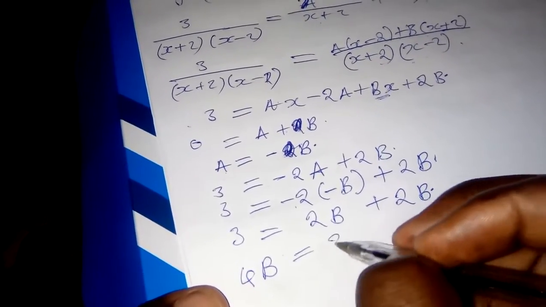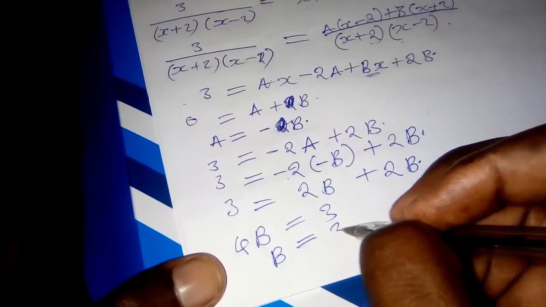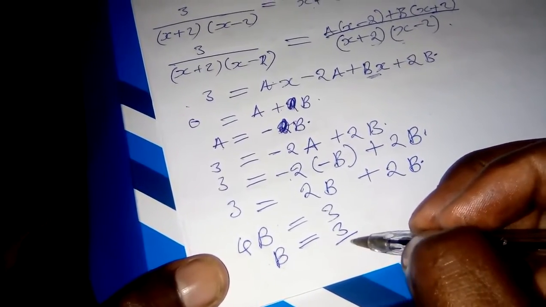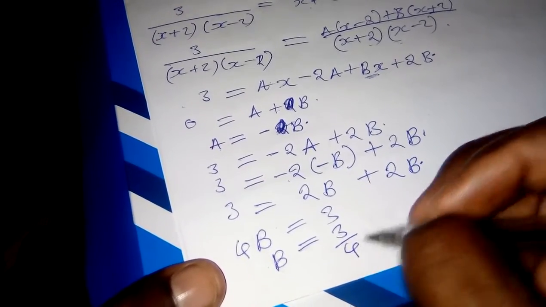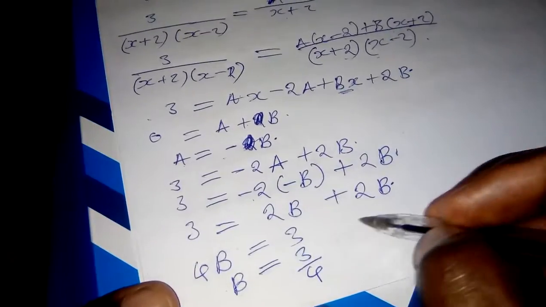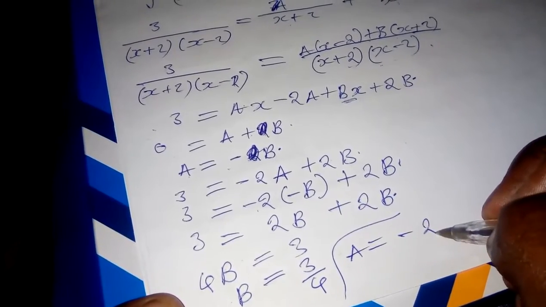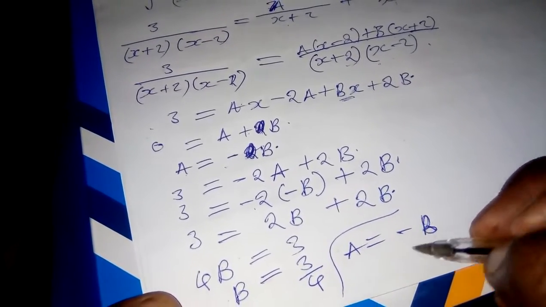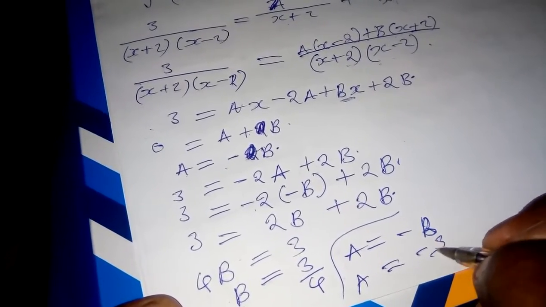So the value of b will be equal to 3 over 4. So my a, from the point where I said a is just negative b, will be equal to negative 3 over 4.